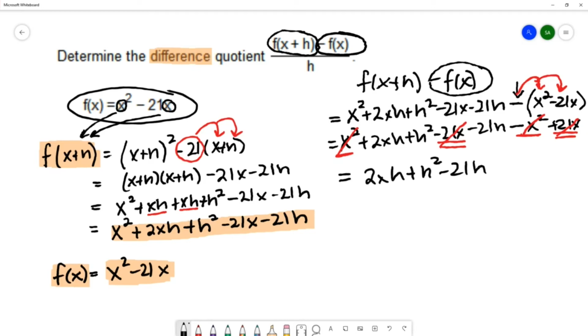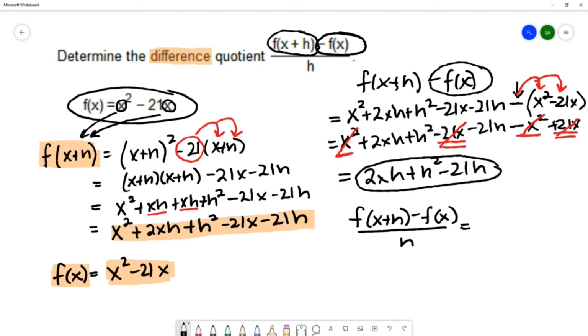So finally, we want to calculate our whole difference quotient, which is f of x plus h minus f of x over h. And we have just calculated the whole numerator, so I'm going to write this in the numerator: 2xh plus h squared minus 21h. And we're going to divide that by h.